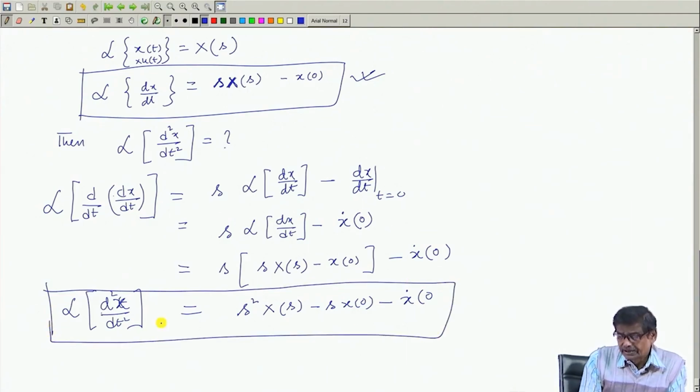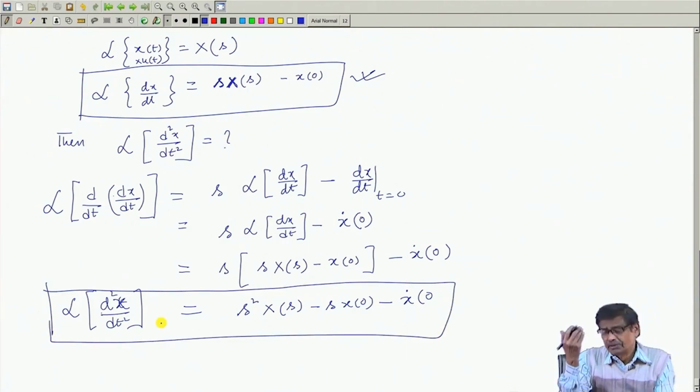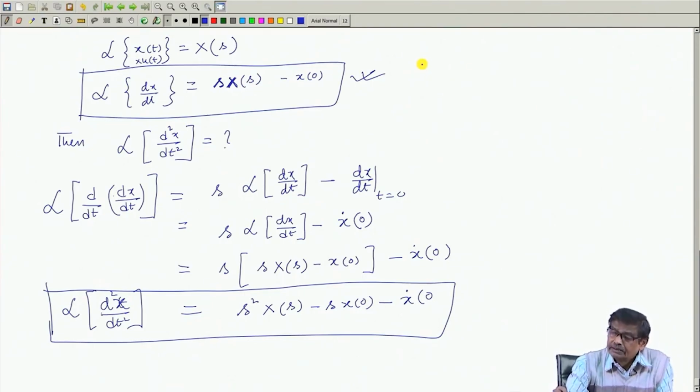So one can go on extending this to find the Laplace transform of differentials of any order. For example, I will not derive it, but I can write down d3x/dt3. Can you write it down? Yes, I can.